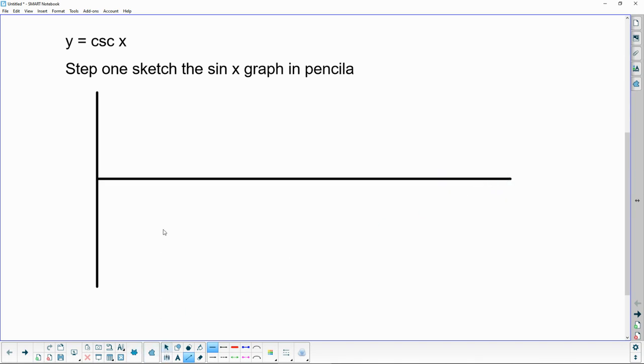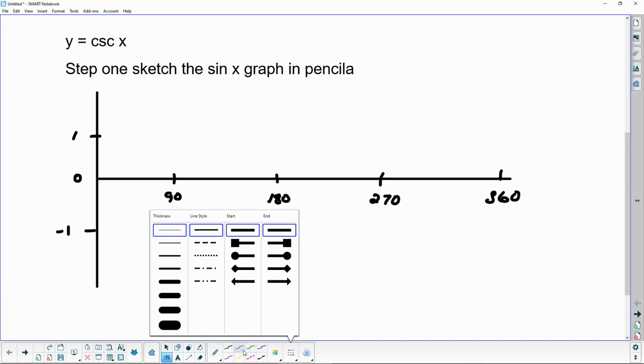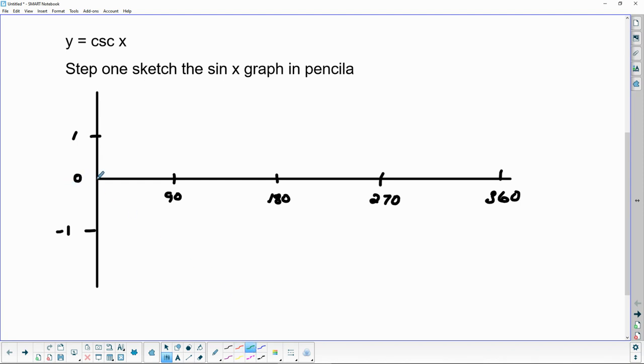And then on the axis, we're going to put 0, 90, 180, 270, and 360. Then we know that the sine and cosine graphs go up to 1 and down to -1. The first thing we're going to do is just sketch the sine graph, and I'll do that in green here, just lightly.